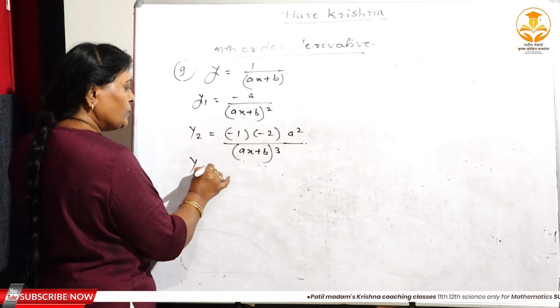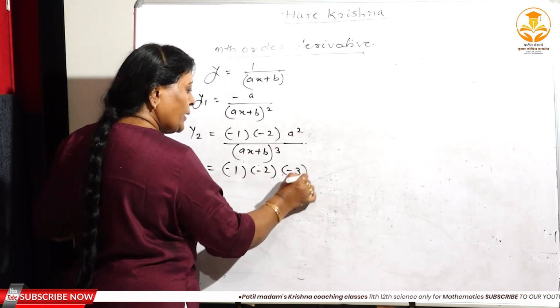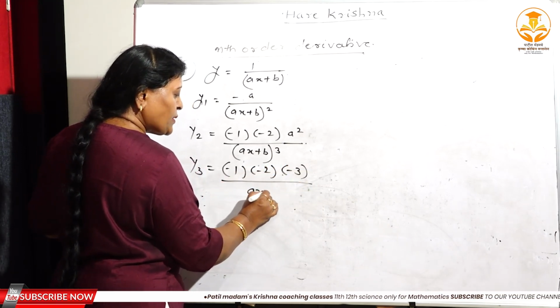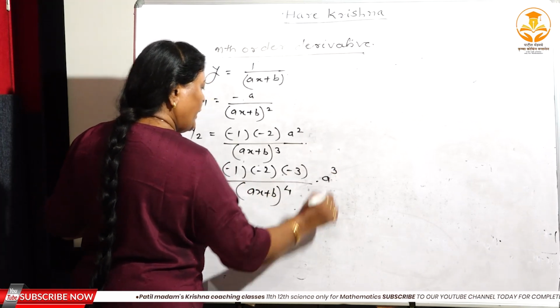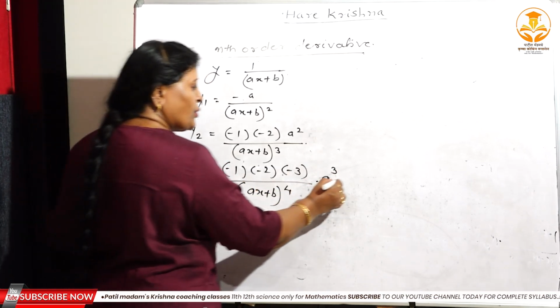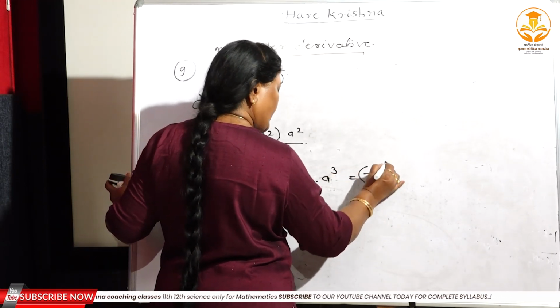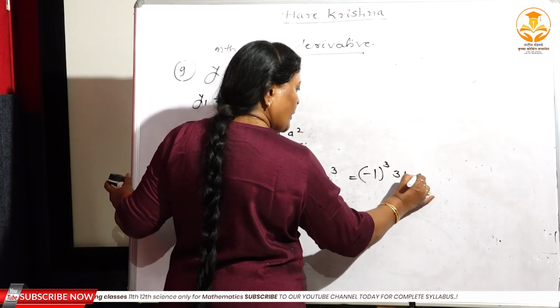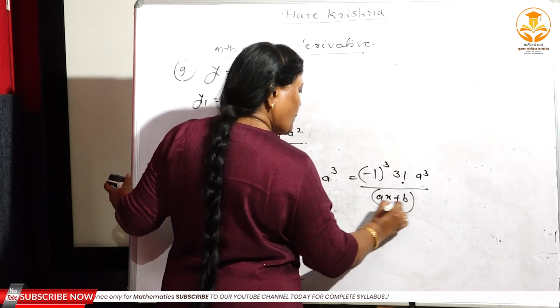Again y3, minus 1, minus 2, minus 3, divided by ax plus b whole raised to 4, and here you have got a cube, isn't it? So this you can write as minus 1 multiplied 3 times, therefore minus 1 to the power 3, 1 2 3 means factorial 3, a cube, divided by ax plus b whole raised to power 4.